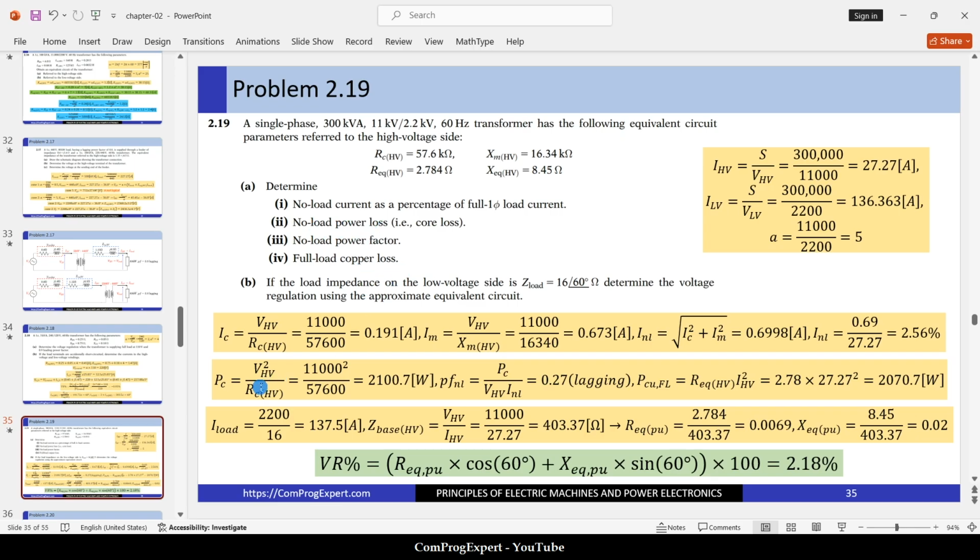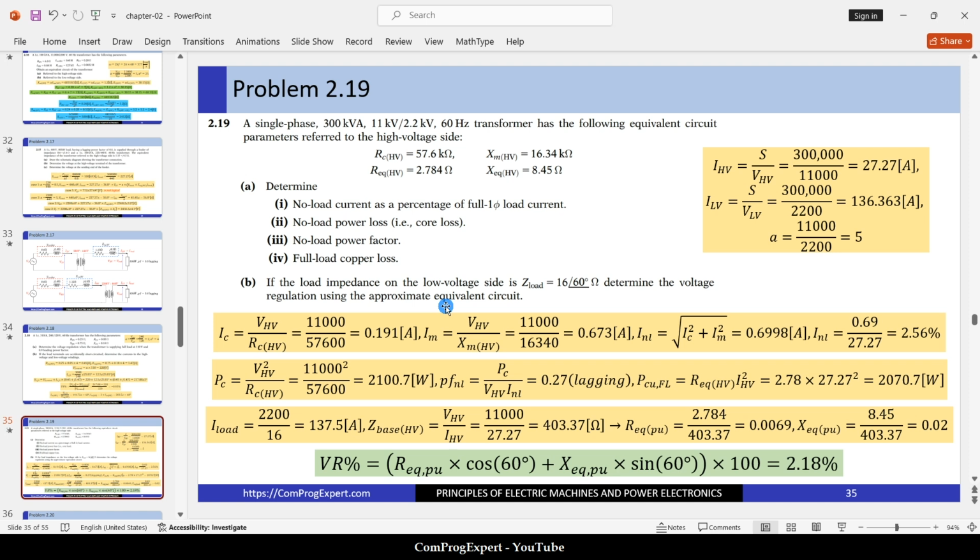Okay, we have the value of the equivalent core resistance for the high voltage side. The voltage is 11 kilovolts, and we can calculate the no load power loss, the core loss, which is equal to 2.1 kilowatts. Yes. And here is the value of the power factor, the next part of the problem. No load power factor.